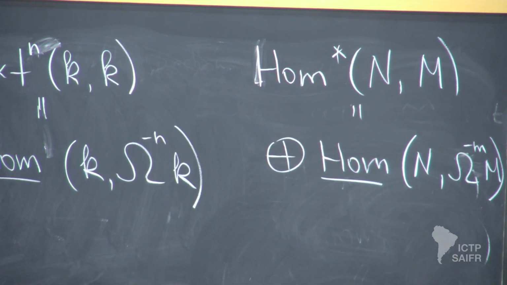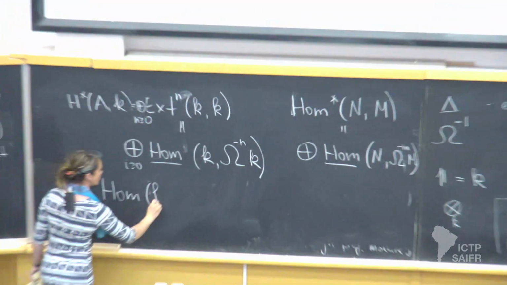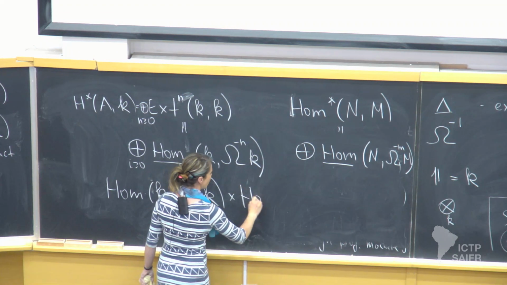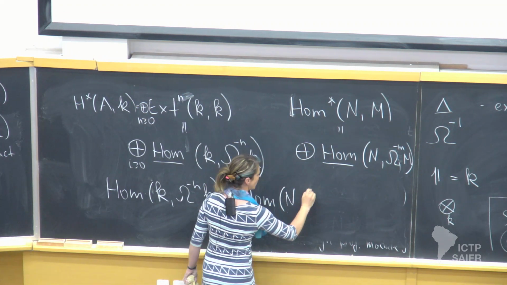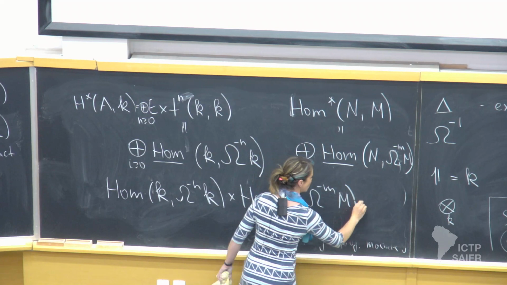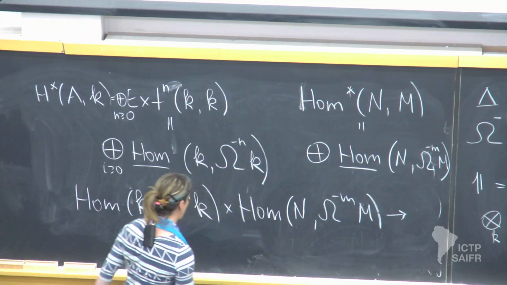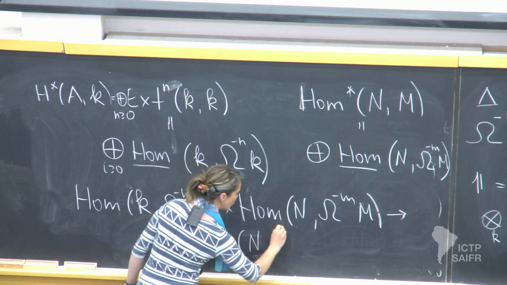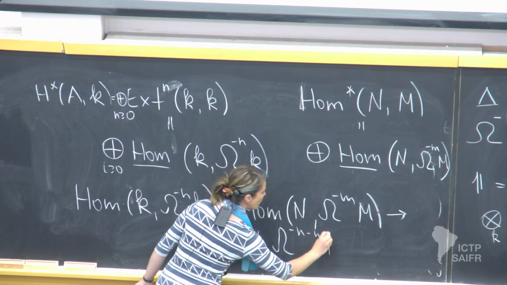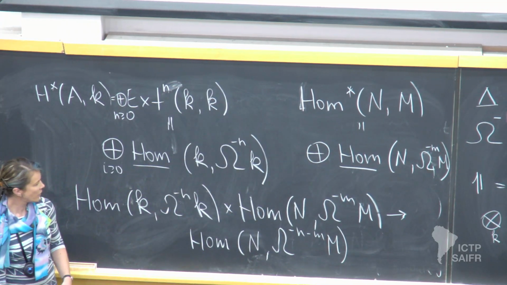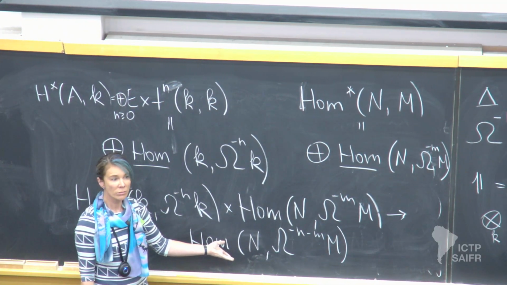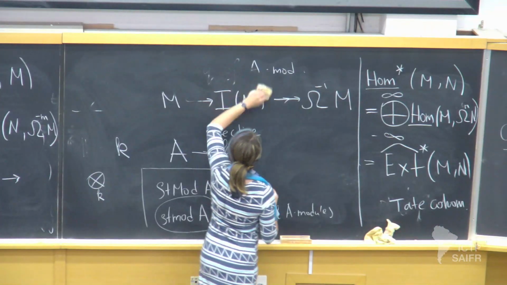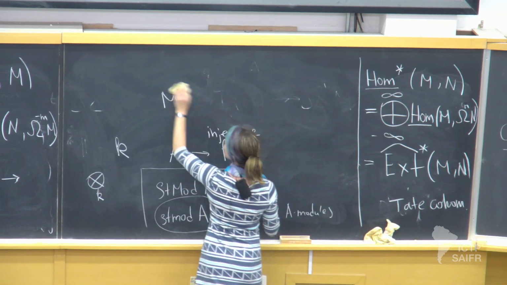Well, all I need to do is take one Hopf, another Hopf, and end up in Hom from N to the shift minus n minus m of N. Okay. That's all my action needs to do. Right? It's an action, a graded vector space. And I can just compose my maps.